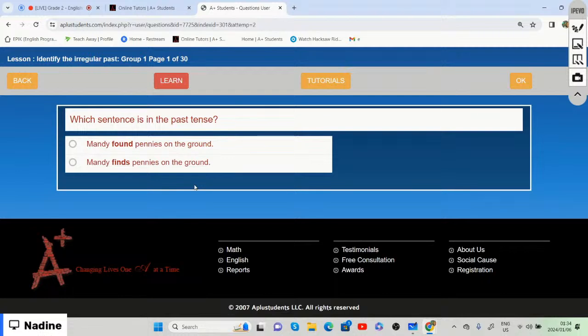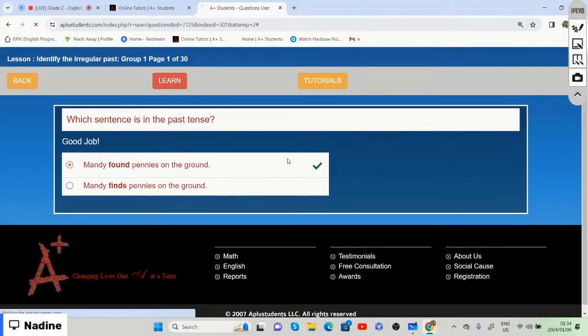And if we select the past tense, then we're going to say Mandy found pennies on the ground. Found. Because finds is now. But in the past tense, Mandy found pennies on the ground.